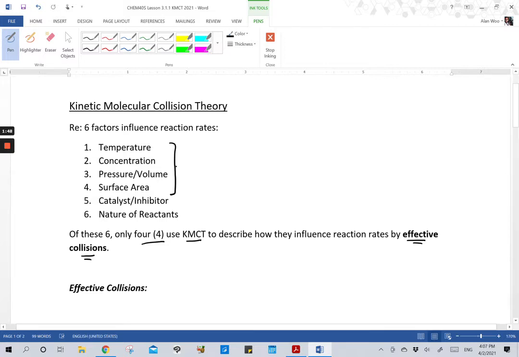So these are influenced by the kinetic molecular collision theory. Let's take a look at what this theory is.